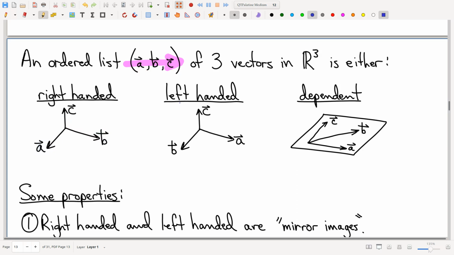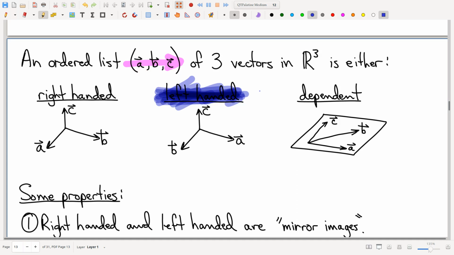Now let's ask the question. Let's not look at the answer just yet, right? Let's ask, what about if these were A, B, C? And again, still looking at the same list. A first, B second, C third. Is this right-handed? And look, I can point my index finger in the direction of A. And I can actually point my middle finger in the direction of B as well. I just have to kind of negotiate my hand around to a different arrangement.